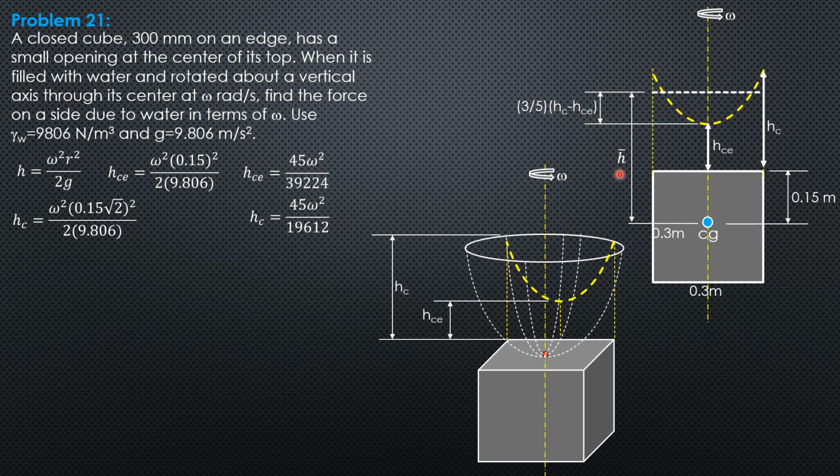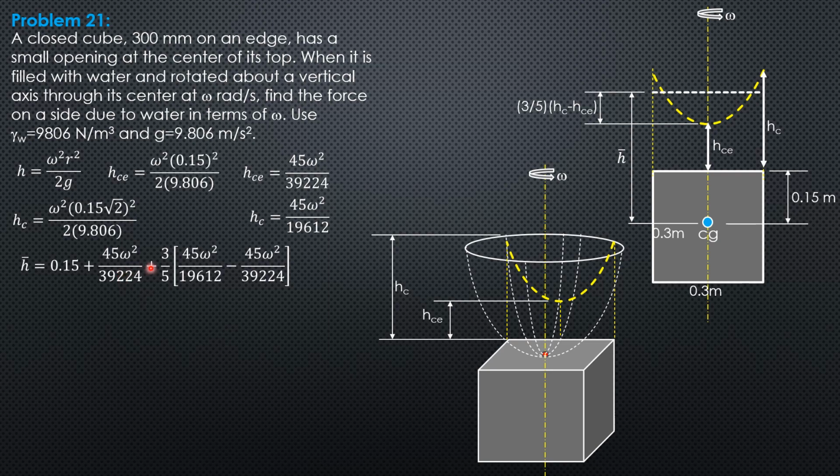H bar therefore is 0.15 plus H sub CE plus 3/5 of quantity H sub C minus H sub CE. So H bar is 0.15 plus H sub CE plus 3/5 of H sub C minus H sub CE.